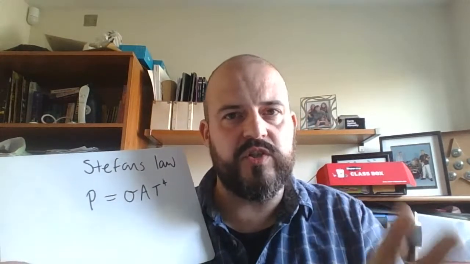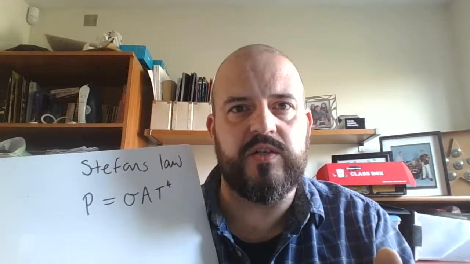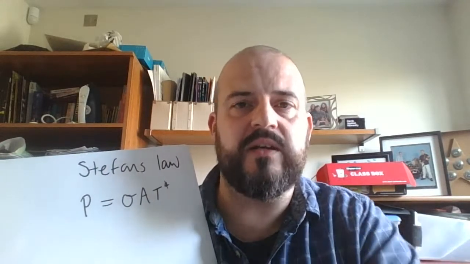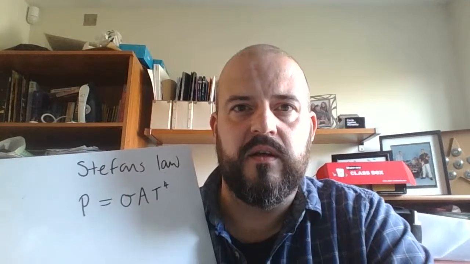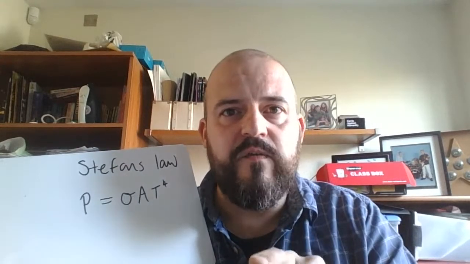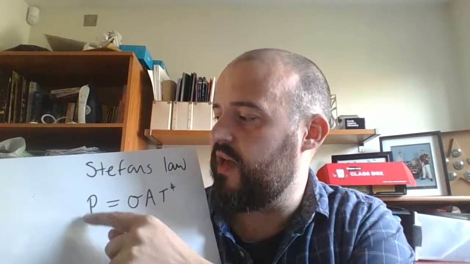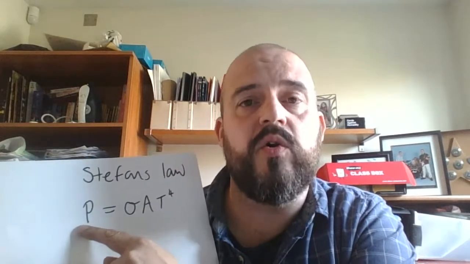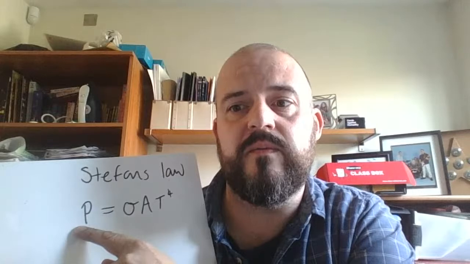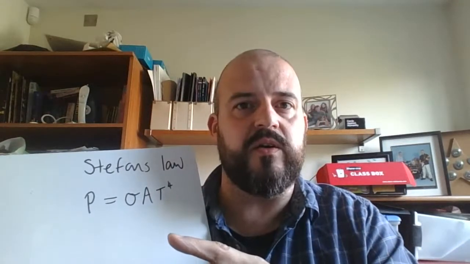So if I have two stars and I'm doing one of these comparison questions and I have the absolute magnitude of both stars, then from the difference in their absolute magnitudes, I can work out what the ratio of their actual power or luminosity is as well. And that's what's going on in question 4.